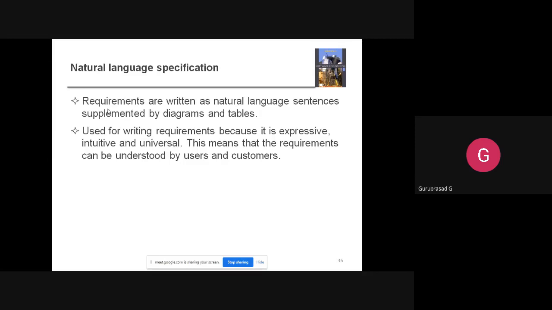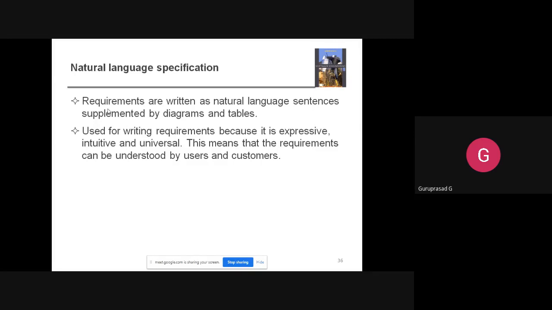But the only problem is that ambiguity issues will come, because our major intention is that the requirements expressed are unambiguous, clear, easy to understand, complete, and consistent. But when you use natural language, the understandability issues and ambiguity issues will come.